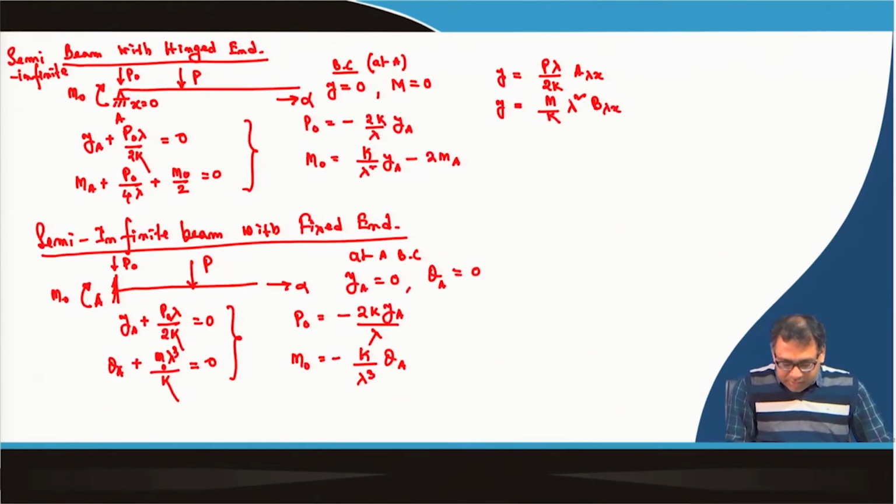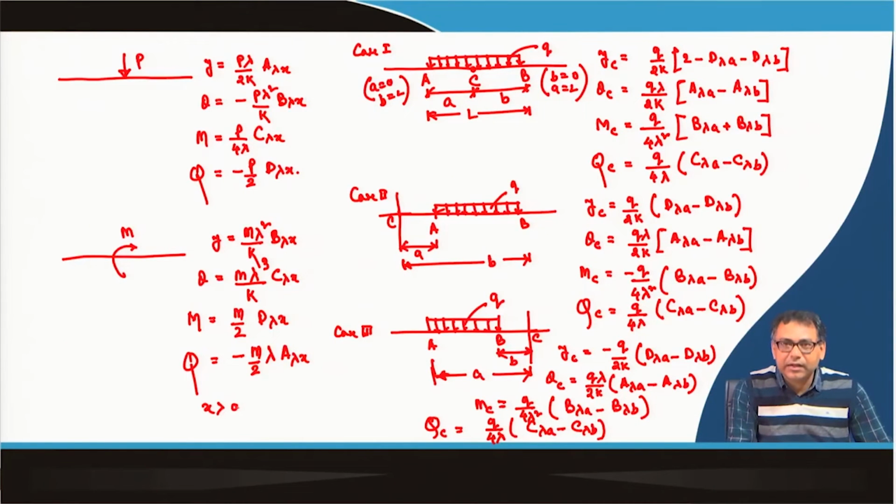Okay. So, now I want to mention that for these equations, whether it is moment or concentrated load, or it is UDL, depending upon whether the point of interest or the end is right side to the loading or the left side to the loading, you have to use the proper sign. Clear? Because these equations are given for x greater than 0, if it is the right side to the loading. If it is the left side to the loading, then you have to modify these equations that I have discussed.